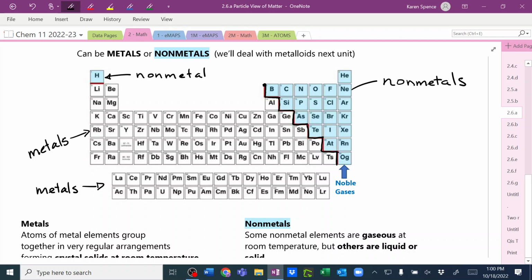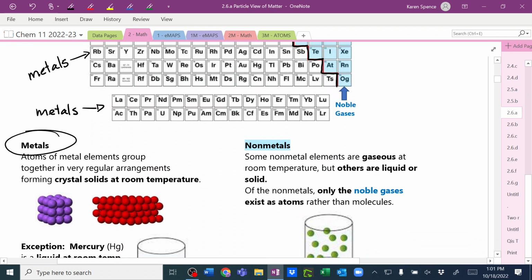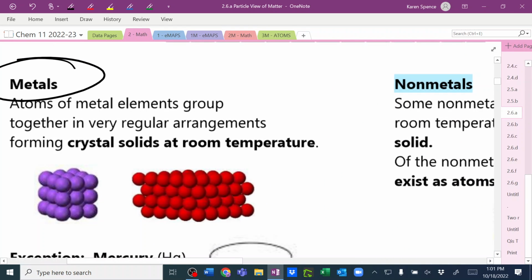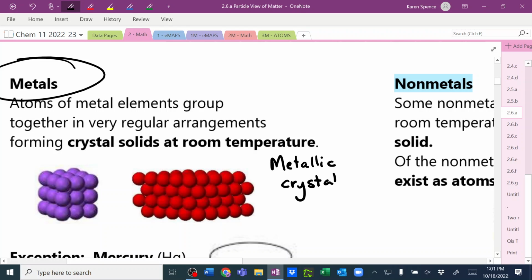Now, if you have an element, and that element is a metal, it's made of metal atoms, and they arrange themselves in very regular three-dimensional structures. This is a metallic crystal. Do we know that word?